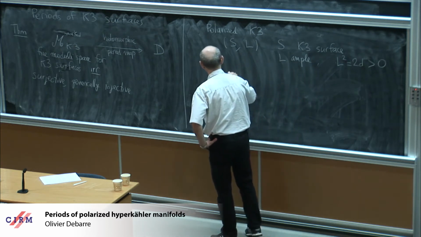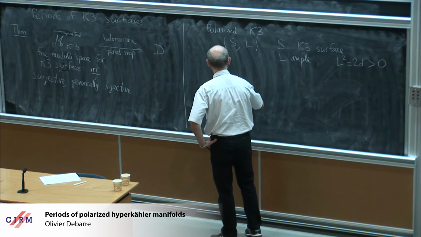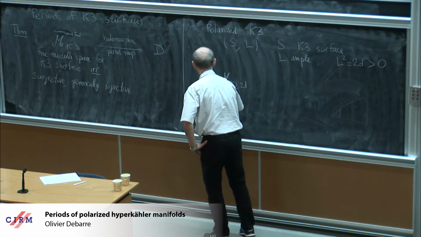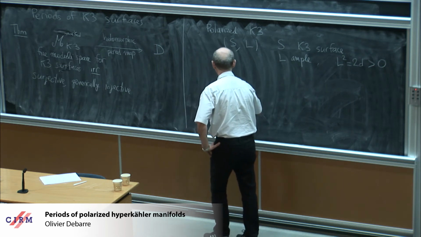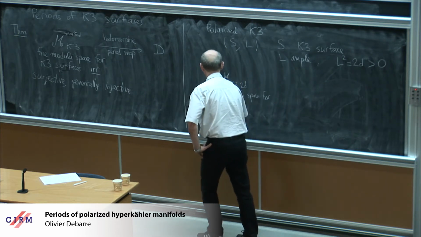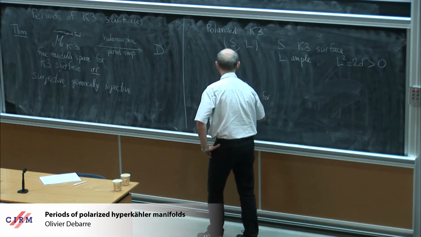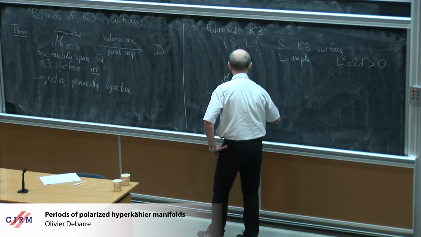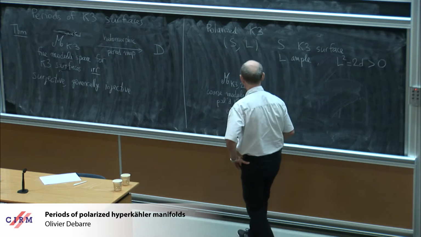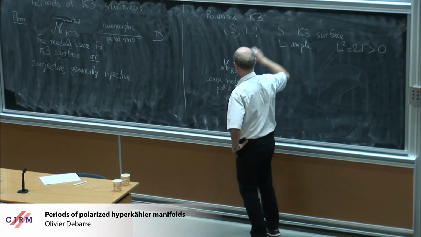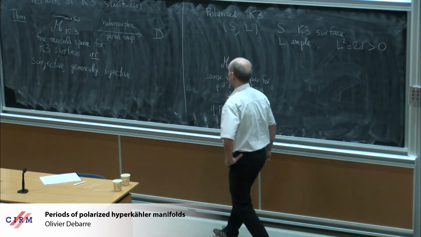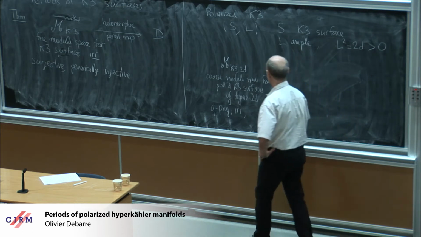So M, K3, 2D, that will be a coarse moduli space for polarized K3 surfaces of degree 2D. Okay, so as I said, it's a quasi-projective, irreducible variety of dimension 19.